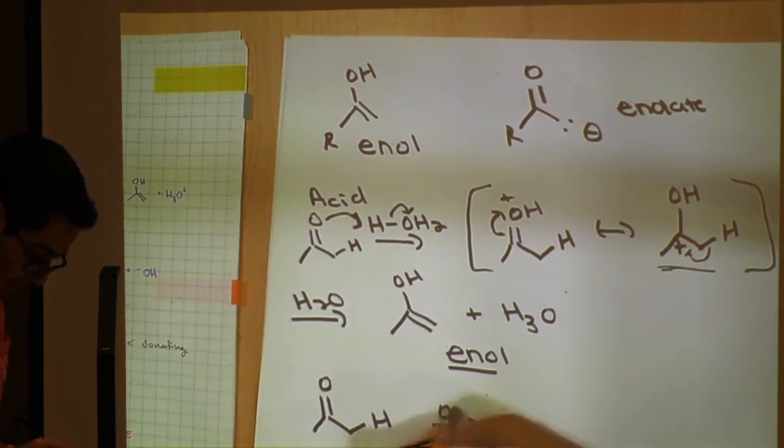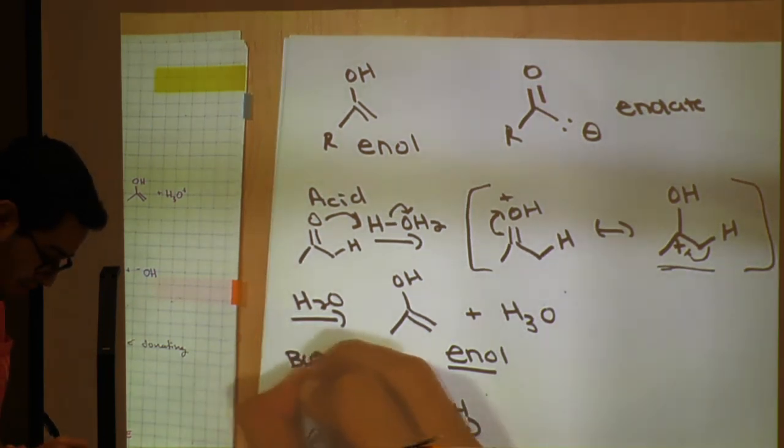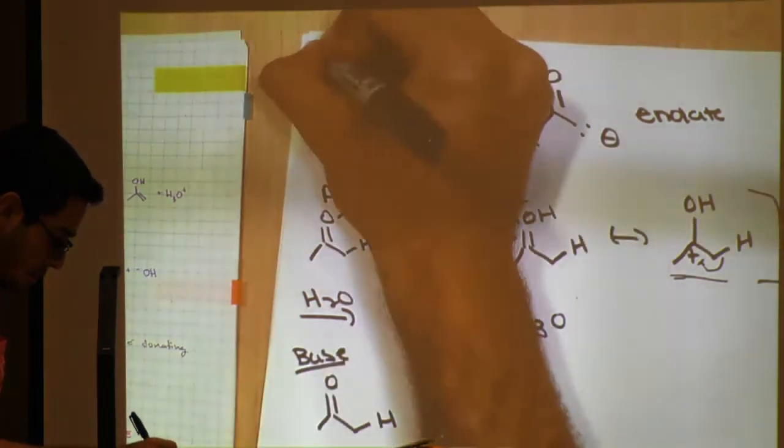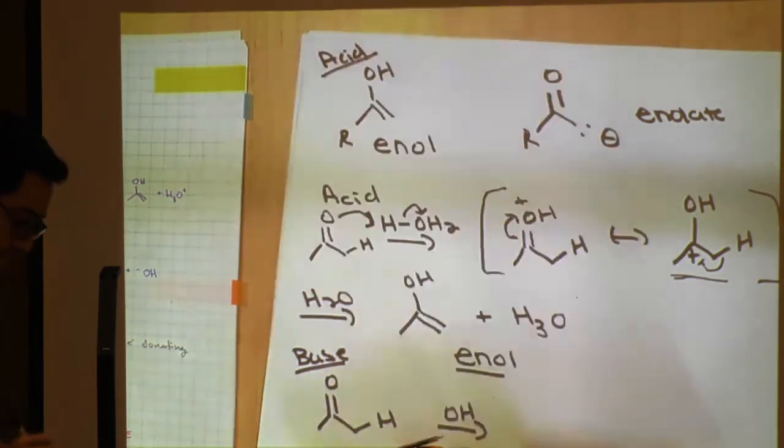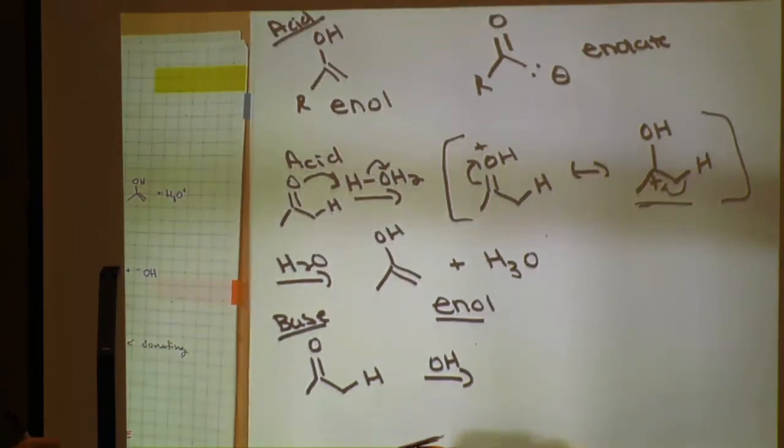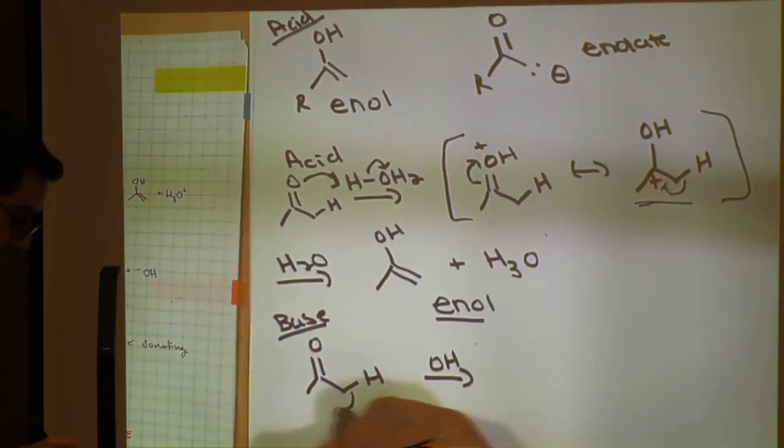Now we have the tautomerization in base, which is when we have our straight up hydroxide. With the base, this one is simply just here.